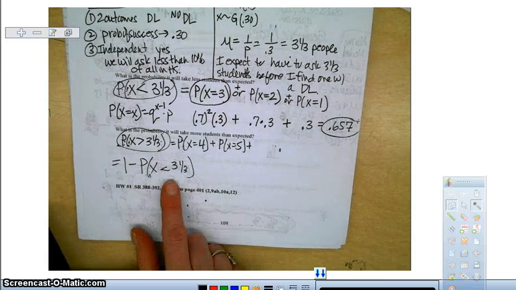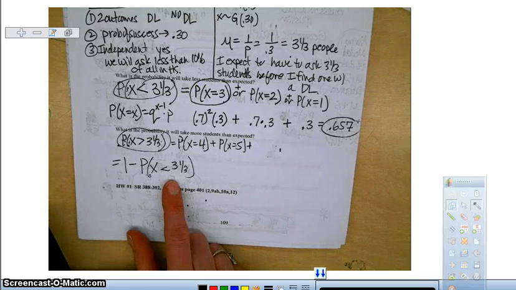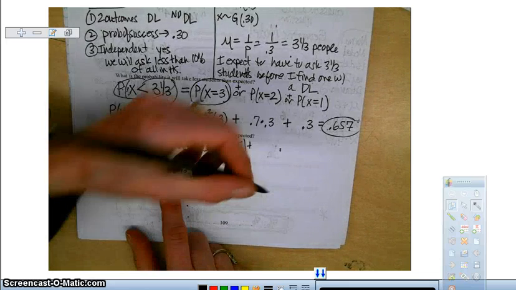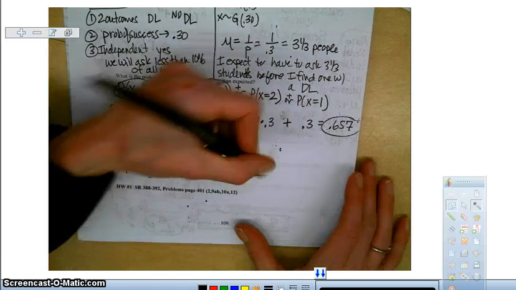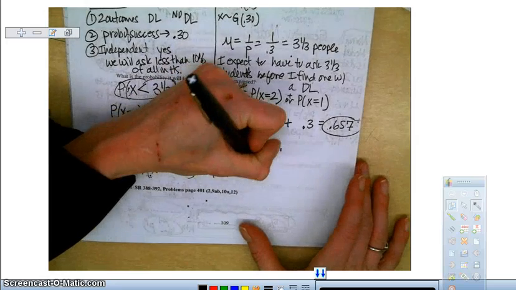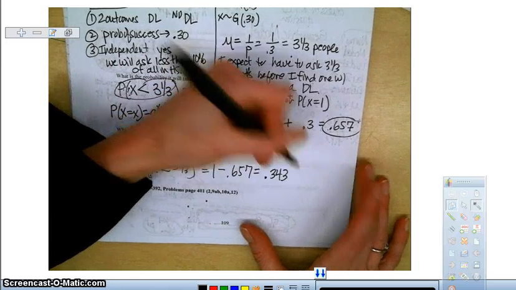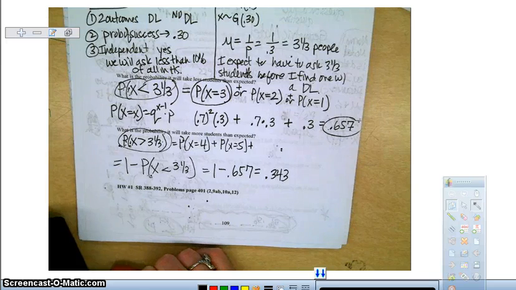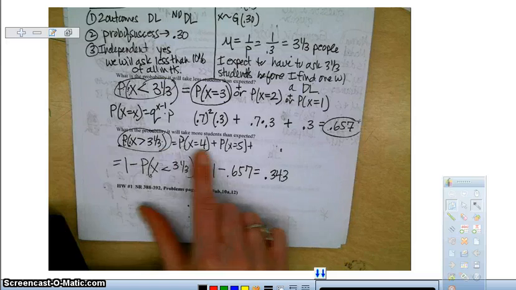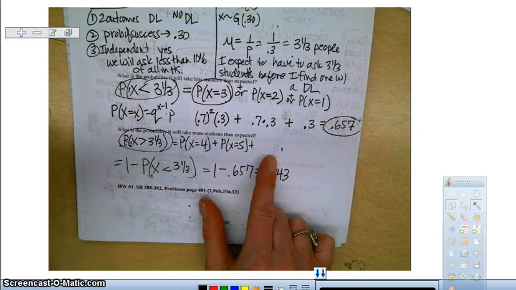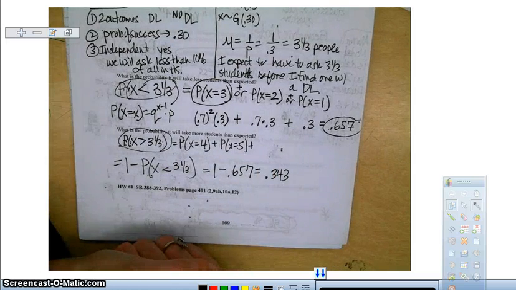And didn't we already figure that out? What was the answer to that? 0.657. We just figured it out right up above. So 1 minus 0.657 is 0.343. So a lot of times if you're asked a greater than question, it's usually the complement of the less than question.